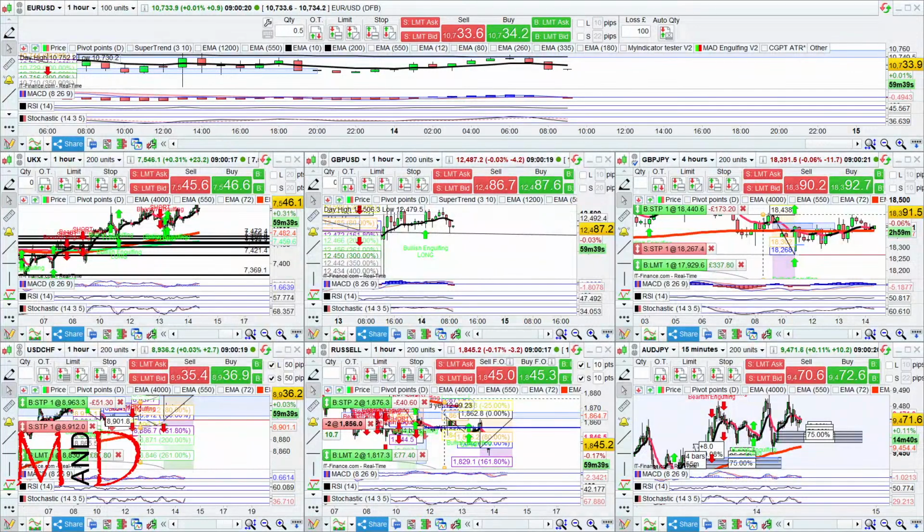I've done that bit from the crossover, so I don't buy in the middle of a crossover. And then the other one was, or is gone now, I can't remember which one it was. Anyway, I'll have a look at that if it pops back up again.